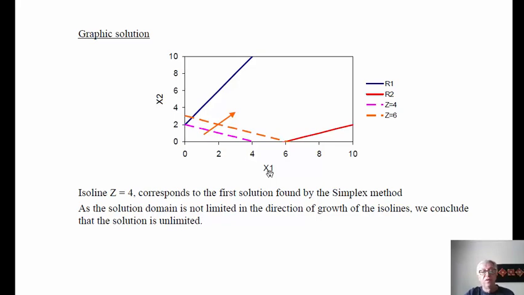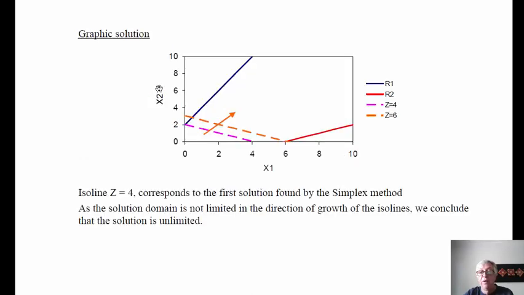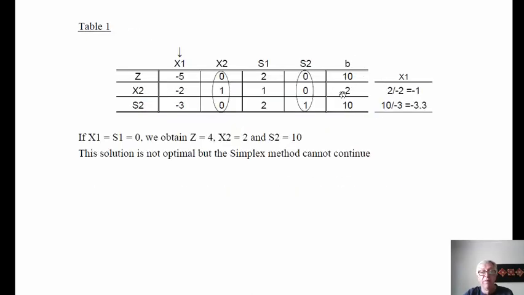In this figure, what we represent, first, is the line representing restriction 1 in blue. In red, the line representing restriction 2, and the pink line here represents z equal to 4, which was the z of... there is a mistake here in the table.